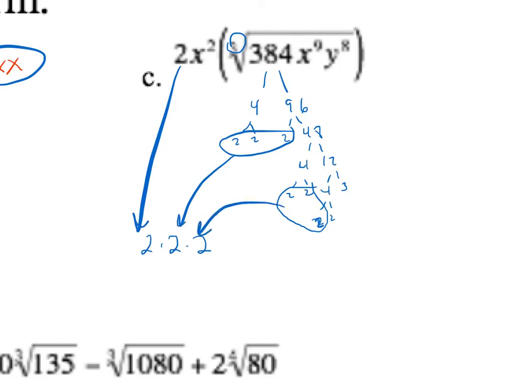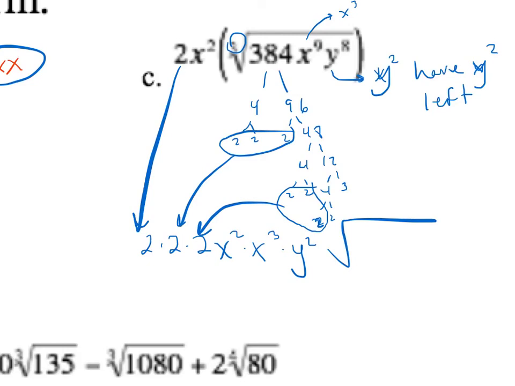All right, we have x squared. This one we can pull out x cubed. And this one we can pull out y squared and have y squared left, sorry.